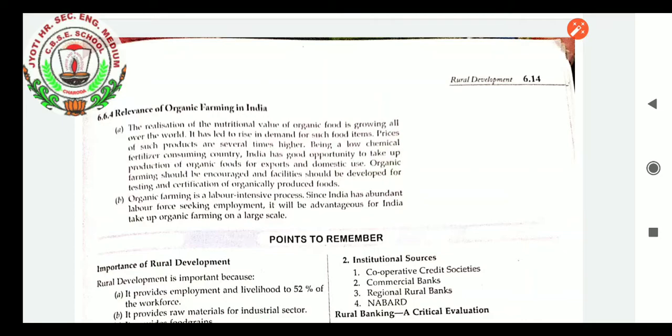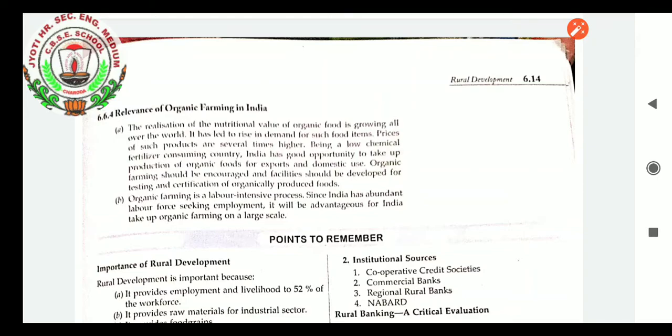Organic farming should be encouraged and facilities should be developed for testing and verification of organically produced foods, because in our country organic food is demanded, but more than that outside country demand is more. If India indulges in the agriculture of organic food, definitely its export will increase, which will increase the development of the country by increasing the GDP.